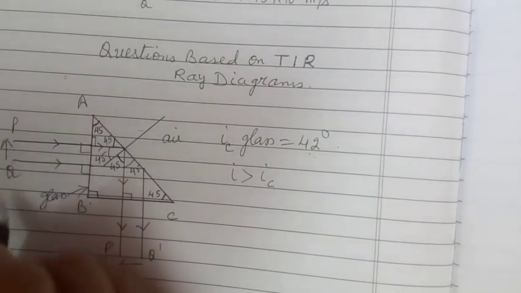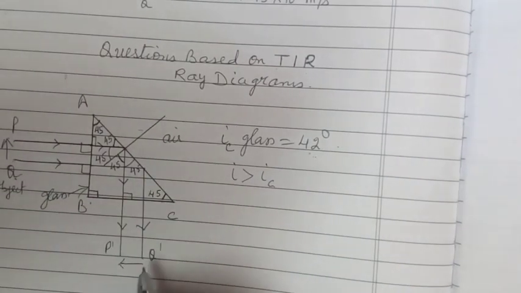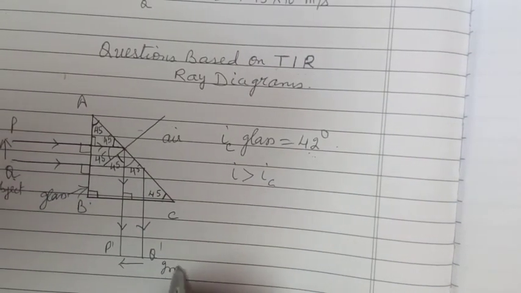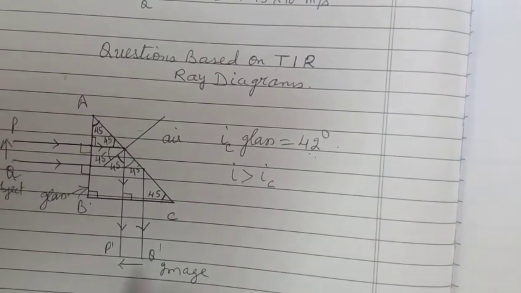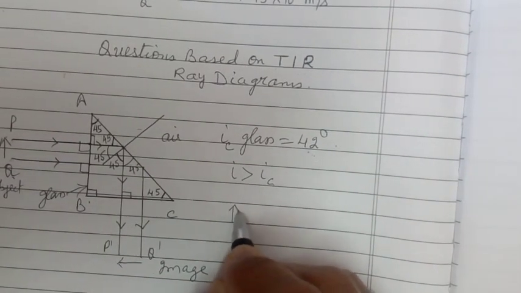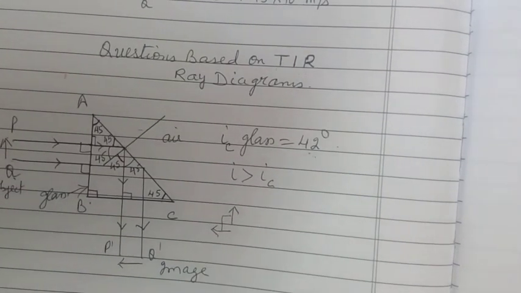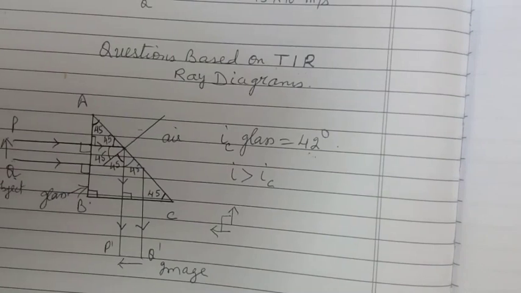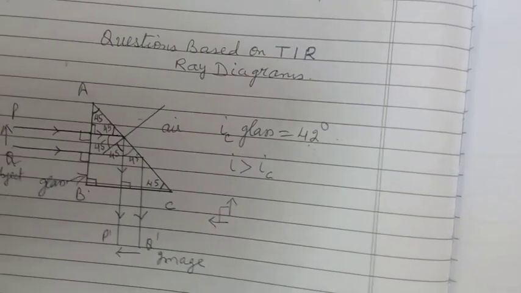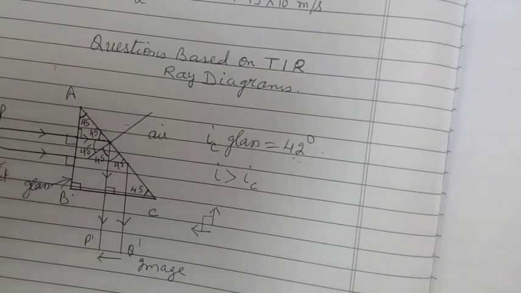PQ is the object, and P dash Q dash is the image. And the image has turned by 90 degrees. Object was like this, and the image has turned by 90 degrees. How can the ray of light be turned by 90 degrees? You should be able to explain this. You should be able to draw this diagram.